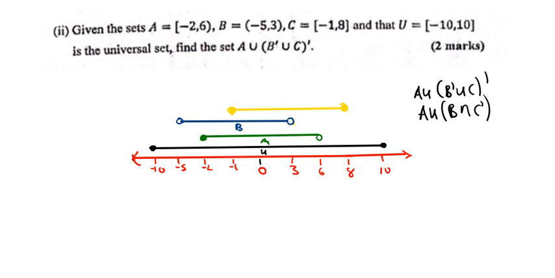It's now becoming the same as the previous question. We just twist these things. Then we can work out what is in the brackets: B intersection C complement union A. We work with what is inside first. That's how you deal with these.